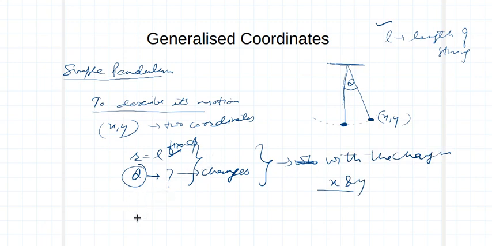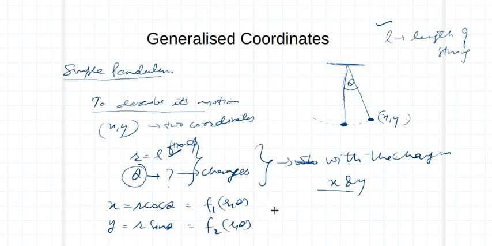So that means, is there any way to express x and y in terms of polar coordinates? Yes, there is a way. We have learned that x is equal to r cos theta, and similarly y can be written as r sin theta. So this is a function of r and theta, and this is a function of what? r and theta.